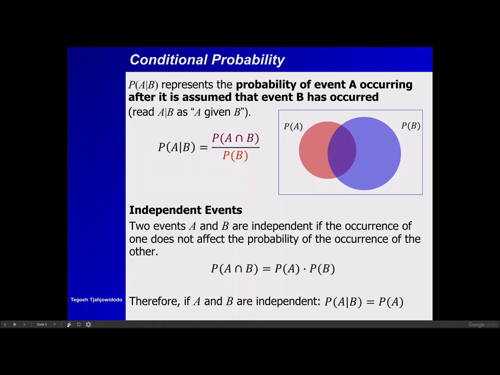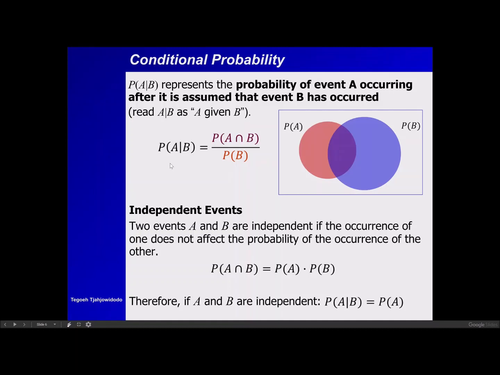So if these two events are independent, then the probability of these two events occurring together will not follow the equation of this conditional probability.